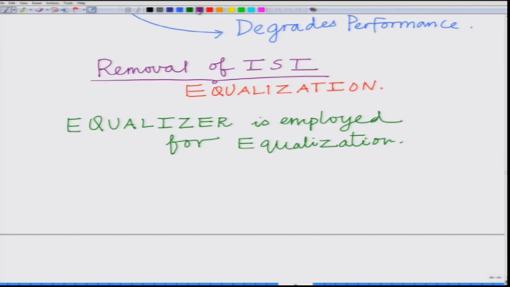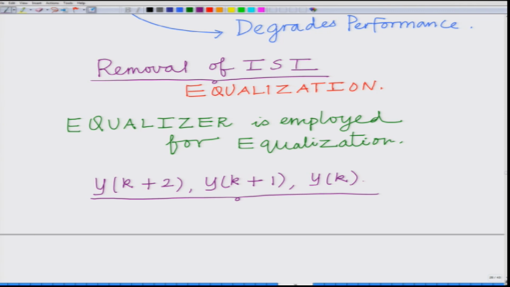We said we are going to employ received symbols yk plus 2, yk plus 1 and yk for equalization, that is, we are building a 3 tap, that is R equals 3 tap equalizer.